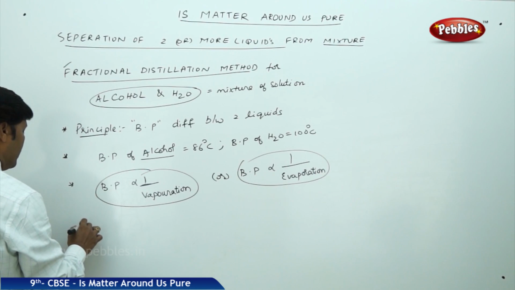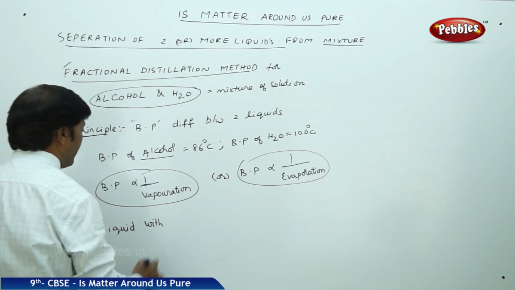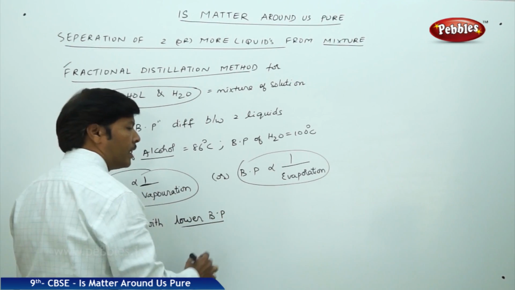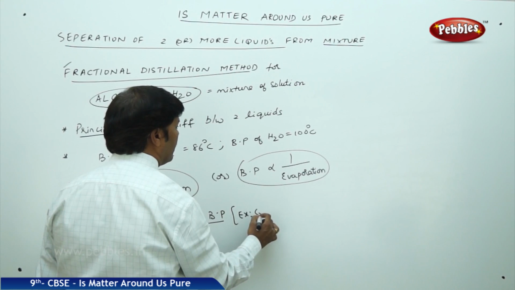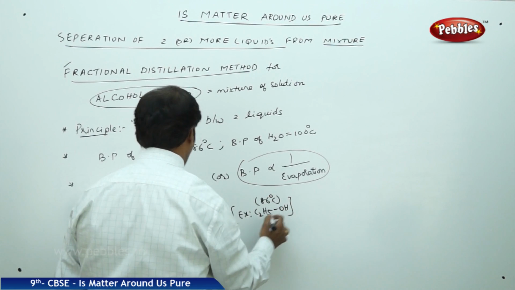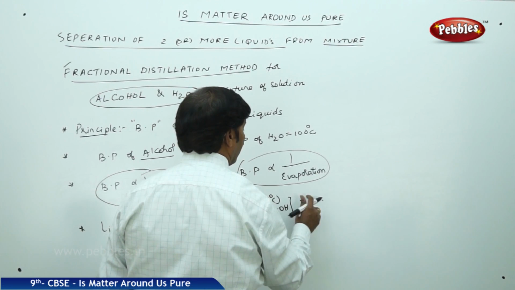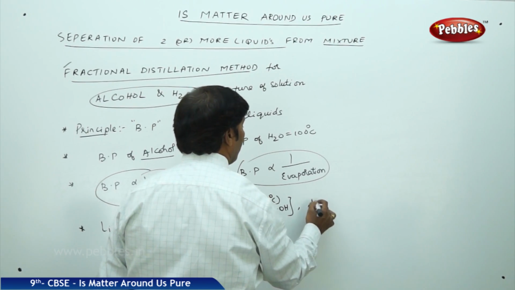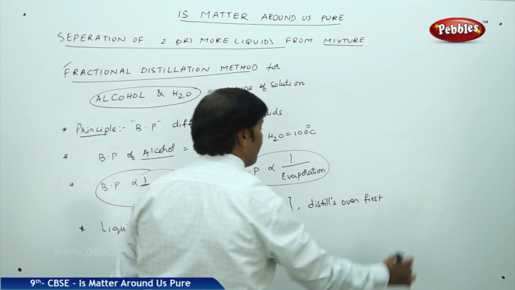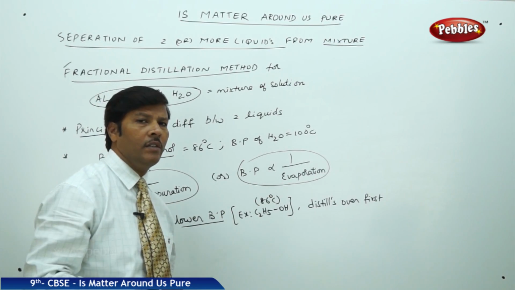We can say that during fractional distillation, liquid with low boiling point, for example alcohol, ethyl alcohol has low boiling point of only 86 degrees centigrade, is going to distill over first, then followed by that liquid which has more boiling point, which distills over later.